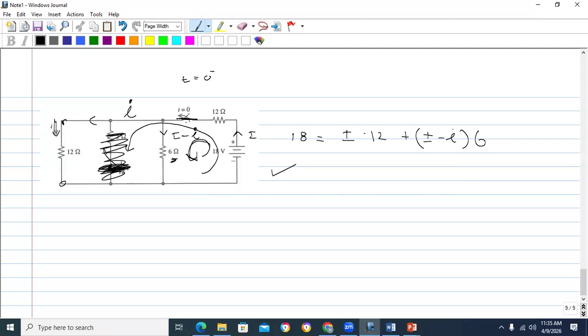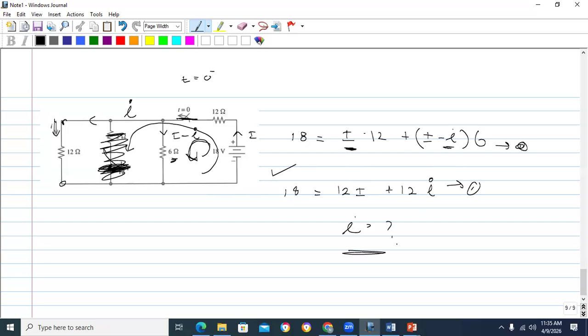If I apply Kirchhoff's law in this loop, again 18 is equal to 12i plus 12i. There are two unknown parameters, capital I and small i, and there are two equations. So you can solve these equations and find I.